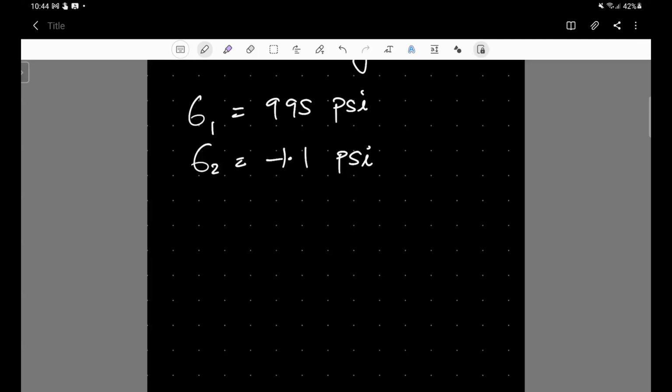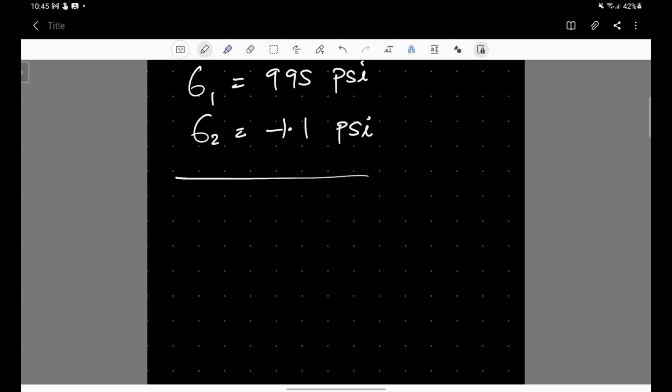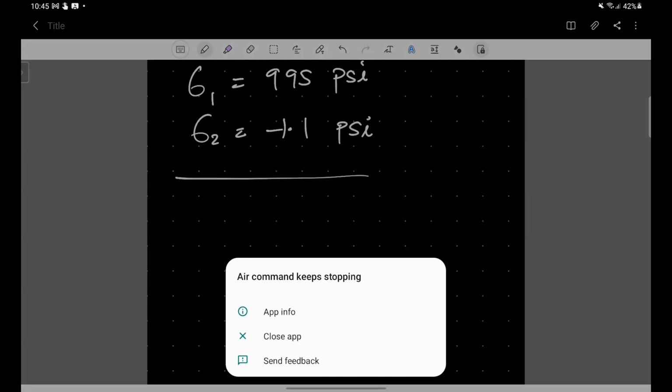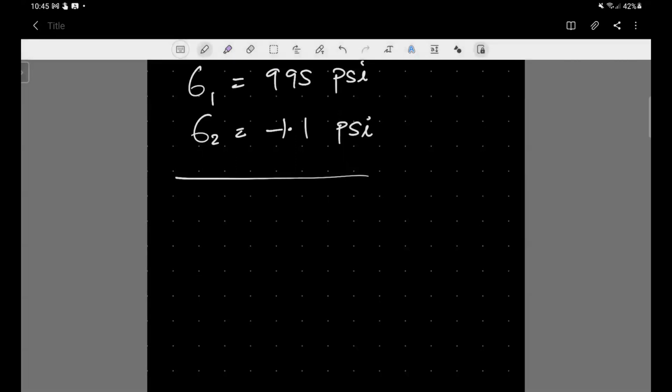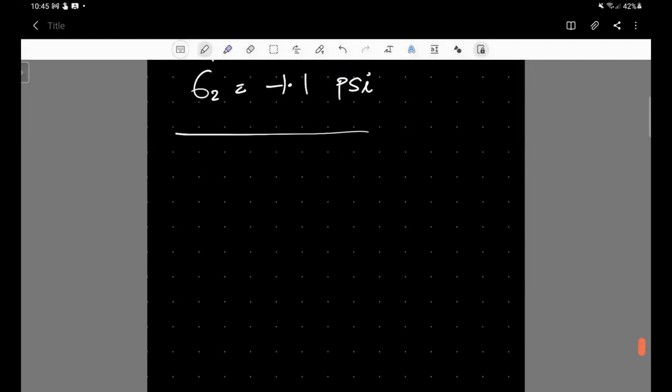So probably you have already done this in your simulations when you ran them in your lab classes. Especially when we analyze the results, we use the von Mises theory. We also call it the maximum distortion energy theory.